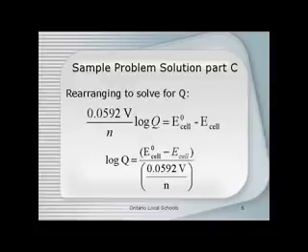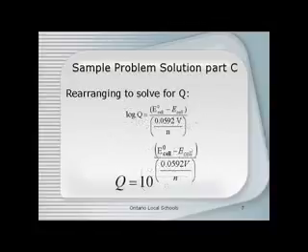Continuing our rearrangement to solve for Q, I'm going to divide both sides of the equation by the expression 0.0592 volts over n. When I do that, it cancels on the left-hand side, and I'm left with the log of Q is equal to the energy of the cell under standard conditions, minus E of the cell, divided by the expression 0.0592 volts over n.